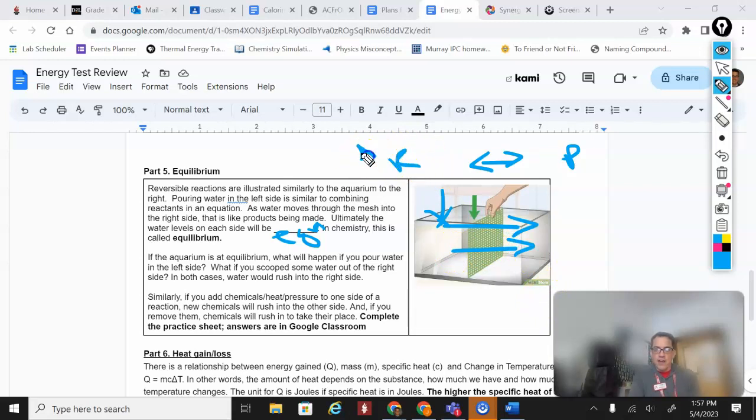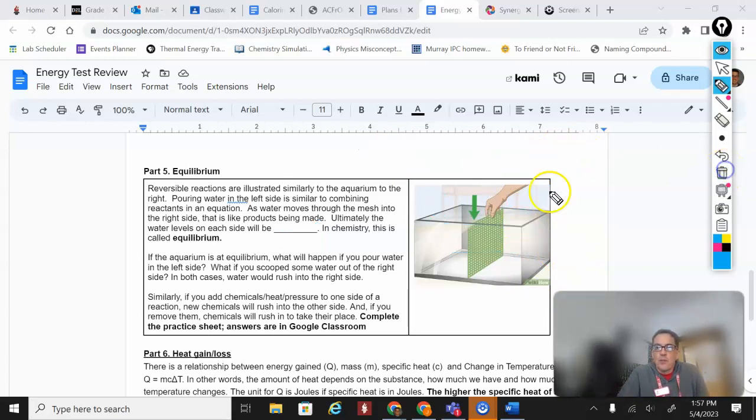So if I add more substance, or if heat was on this side, or if there was a gas and I added more pressure, it would push our equation generally to have more products in it. Conversely, think about what would happen if you removed some stuff. If this was completely balanced out and you took a big cup and pulled some water out of this side and dumped it out, we wouldn't expect the right-hand side to stay higher than the left-hand side.